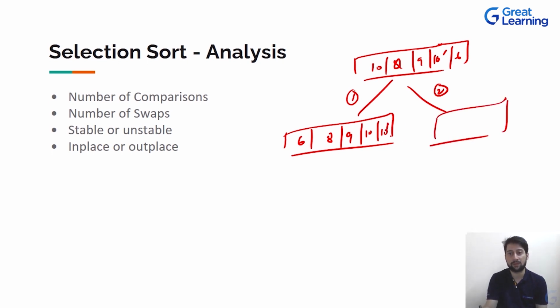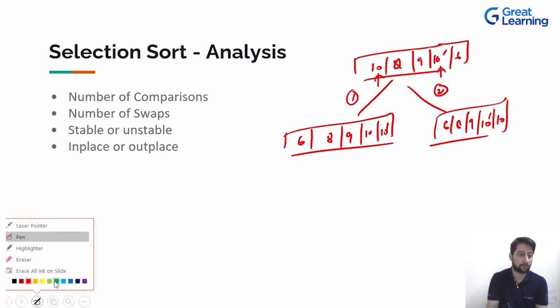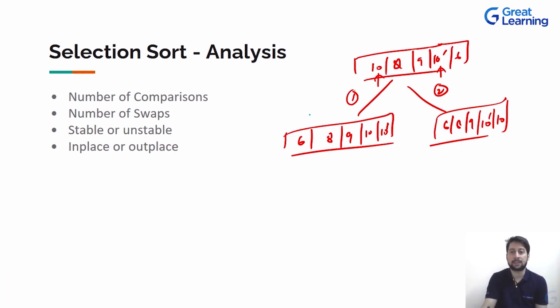It will be 10 and 10, but just to separate these two tens, we are assuming this 10 to be 10 and this 10 to be 10 dash. And it can also be 6, 8, 9, and then 10 dash and 10. So both of these are sorted.